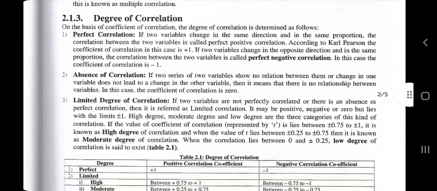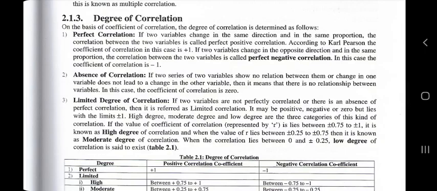Now degree of correlation. Okay. We know very well, if two data sets are given, one is increasing at a constant rate and the other is also increasing at the same kind of constant rate, then there will be a positive correlation and it will be +1. The coefficient of correlation will be +1.